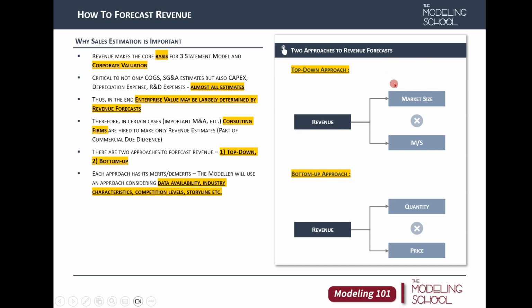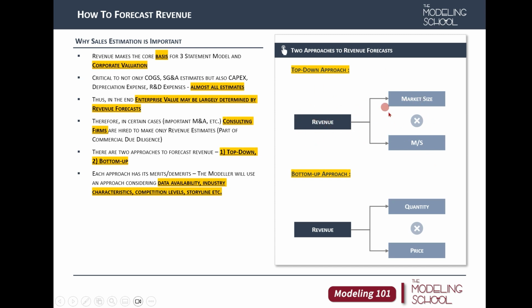We're approaching from the market size, and we're going to multiply market share, and that's going to lead us to the company's revenue. So if you're using the top-down approach, and if we want to forecast 5 years of revenue, we're going to forecast 5 years of the market size, and then the 5 years of market share. That's going to get us to 5 years of revenue.